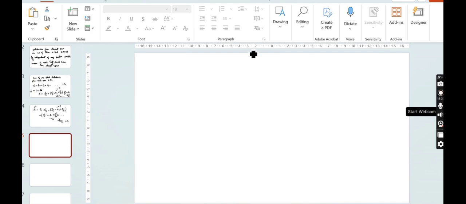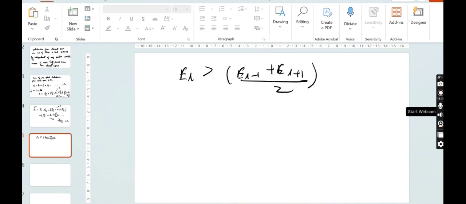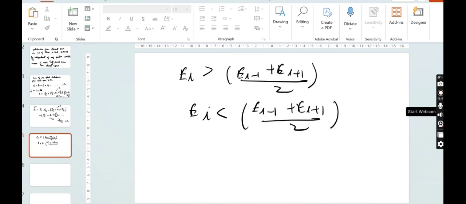So there are two possibilities: either E_L is greater than (E_(L minus 1) plus E_(L plus 1)) by 2, or E_L is less than (E_(L minus 1) plus E_(L plus 1)) by 2.